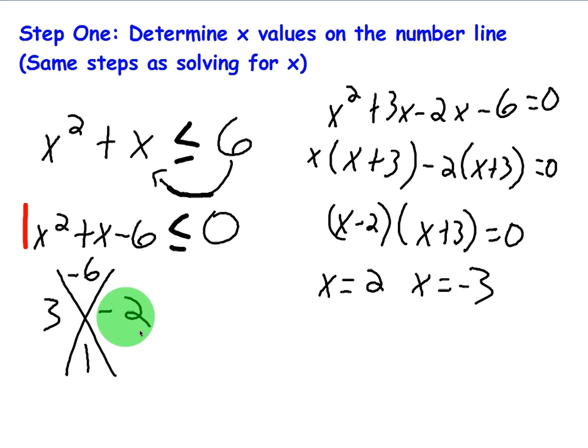Two numbers that multiply to give you negative 6 and add to give you 1: 3 and negative 2. So you can use the shortcut here. You can write it as (x + 3)(x - 2). When you set each of those equal to 0 and solve, you get x equals 2 and x equals negative 3. So you will be using a number line, you just won't be graphing the actual answer.